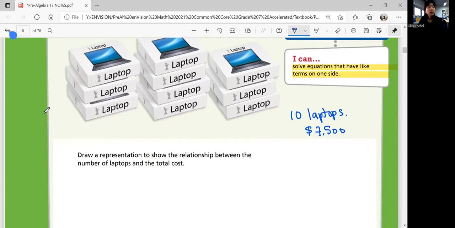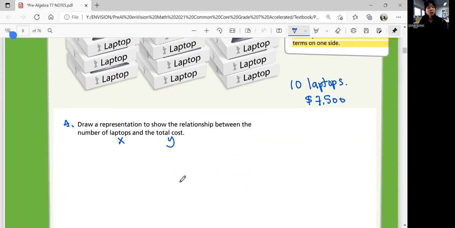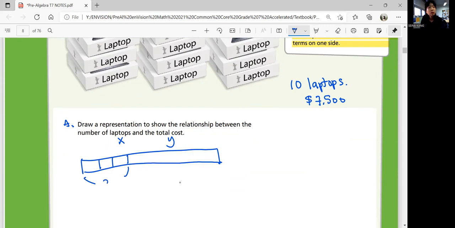Okay, so part A, draw a representation to show the relationship between the number of laptops and the total cost. We can say number of laptops would be X, and then the total cost would be Y. And we can say we have 3 laptops here. So 3x, and then 1, 2, 3, 4x.